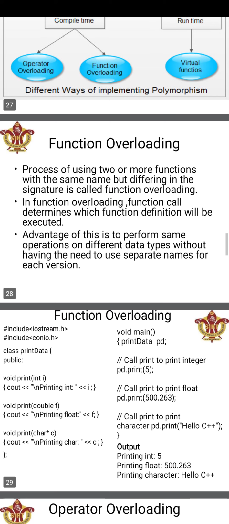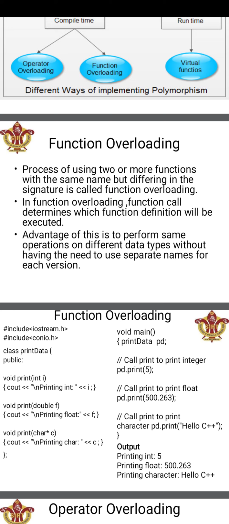So in function overloading, the function call determines which function definition will be executed, because in the function call we are passing the arguments. So we change the number of arguments or the data type of the argument so that it can choose the correct function for execution. The advantage of this is to perform the same operation on different data types without needing separate names for each version.